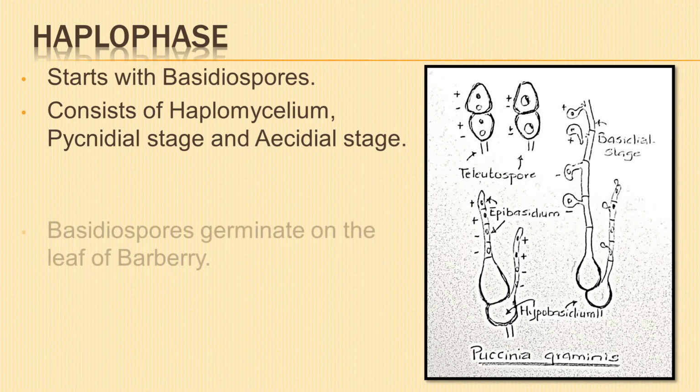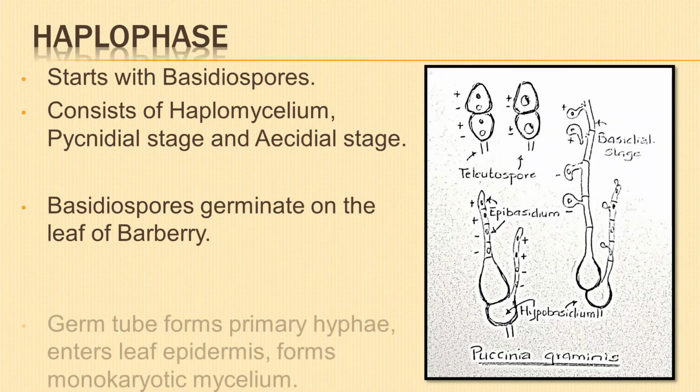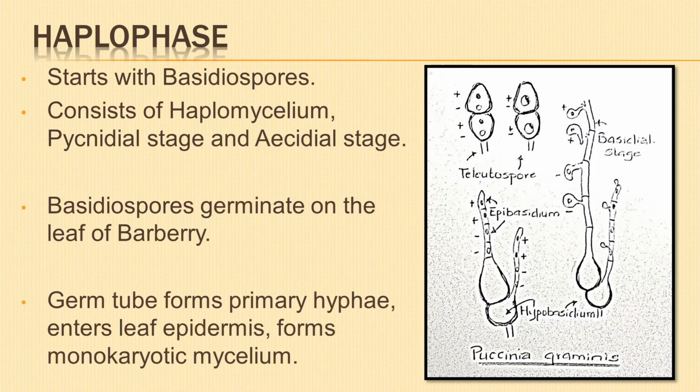The basidiospore germinates on the leaf of the alternate host when the conditions are favorable. The germ tube forms the primary hypha, enters the leaf epidermis, and grows extensively in between the cells to form monokaryotic or haplomycelium.